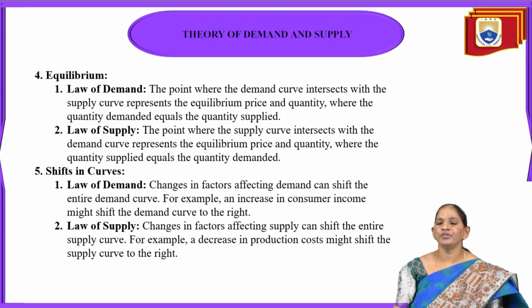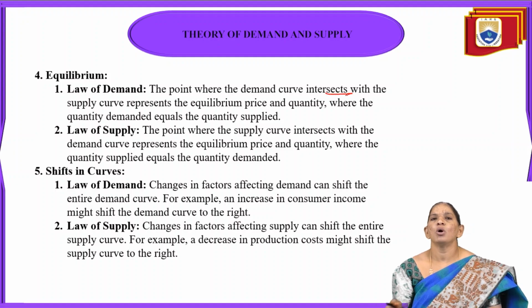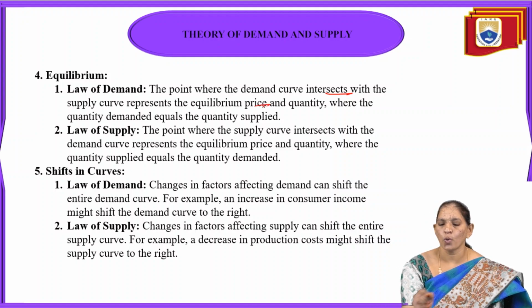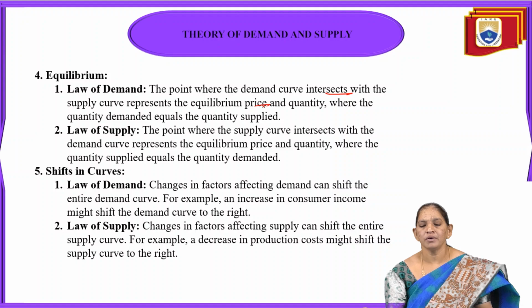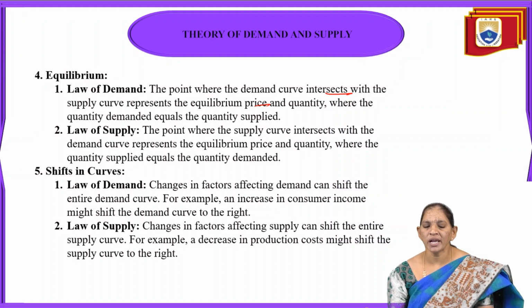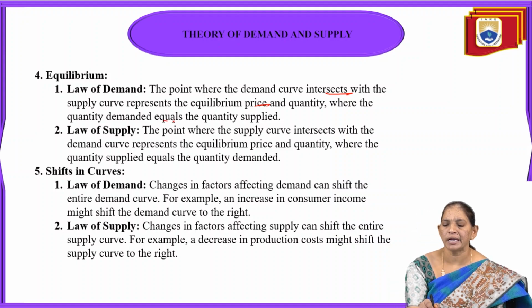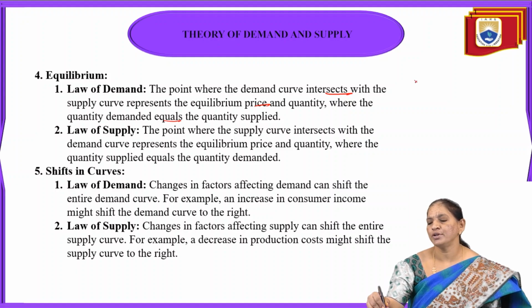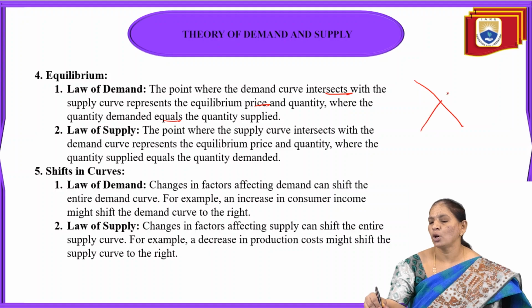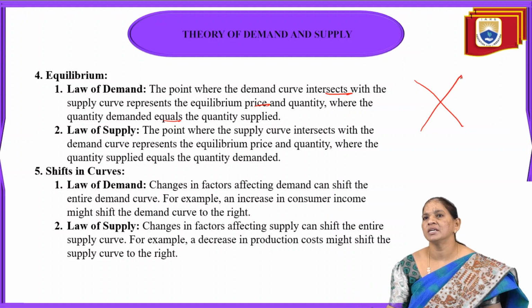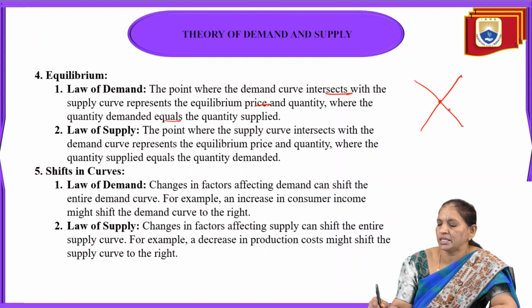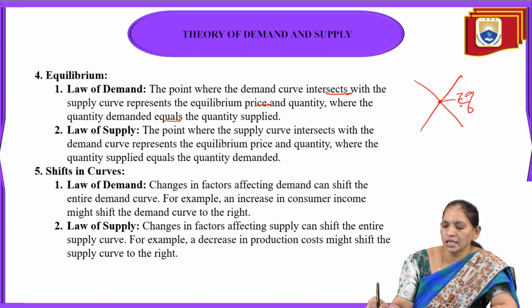Equilibrium. The demand curve intersects the supply curve at the equilibrium, where price and quantity are equalized, quantity demanded with quantity supplied. The law of demand is downward sloping and the law of supply is upward sloping, and the point where these two intersect gives the equilibrium.